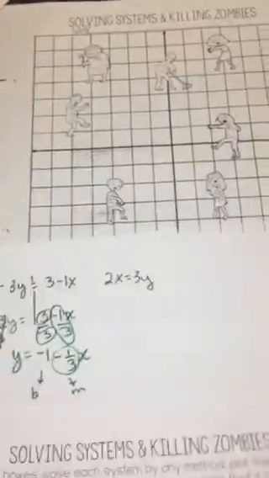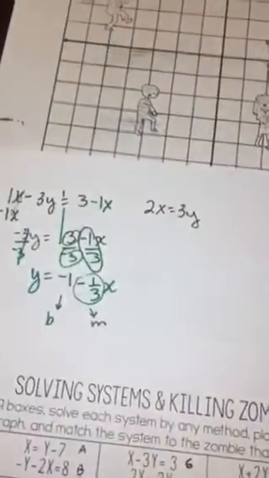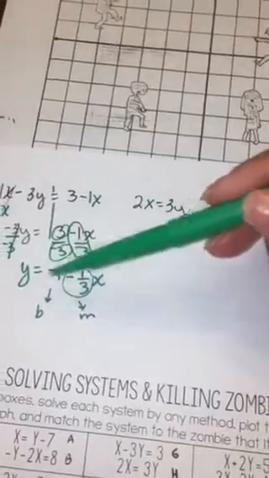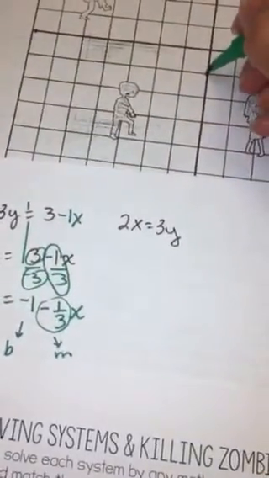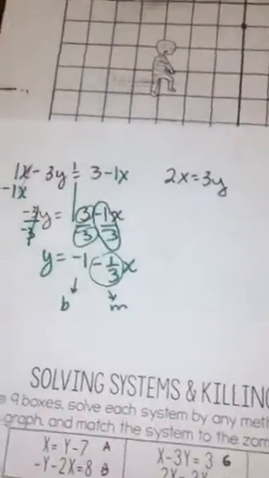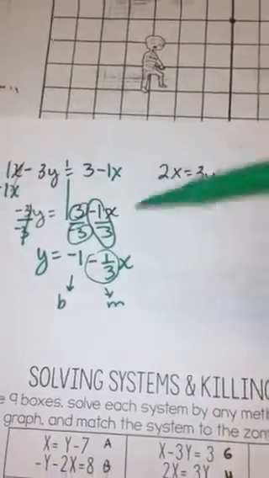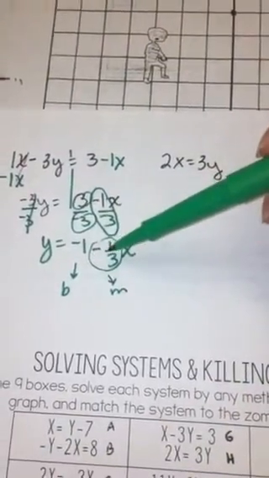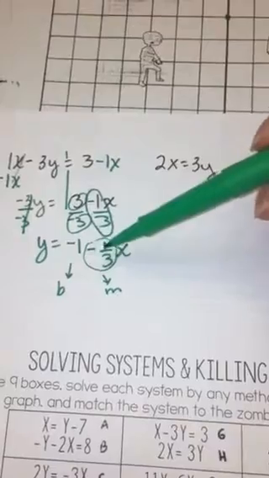Actually, let's graph it. So you're going to go to your grid. This is the origin. I'm going to start at my y-intercept, which is negative 1, right there. And then I'm going to get more points by doing my slope. Remember that the negative only belongs to the top, so just give it to the top so there's no confusion.